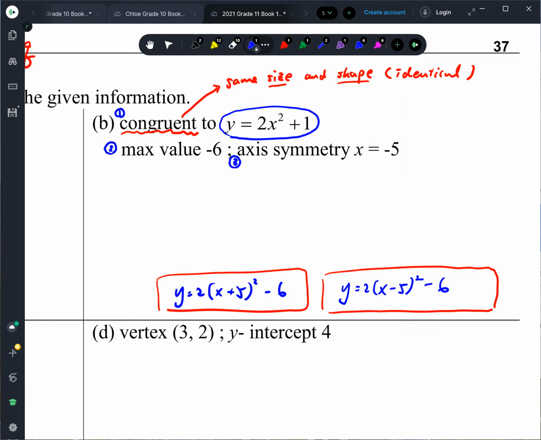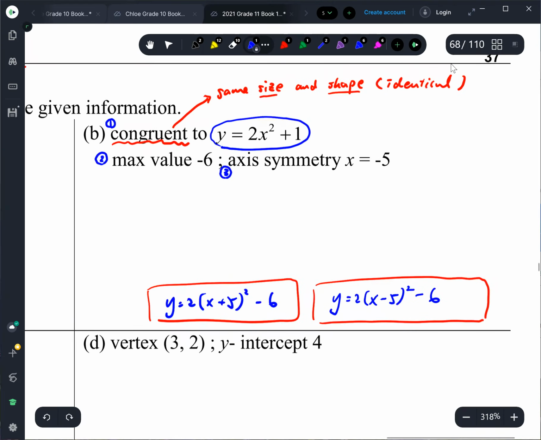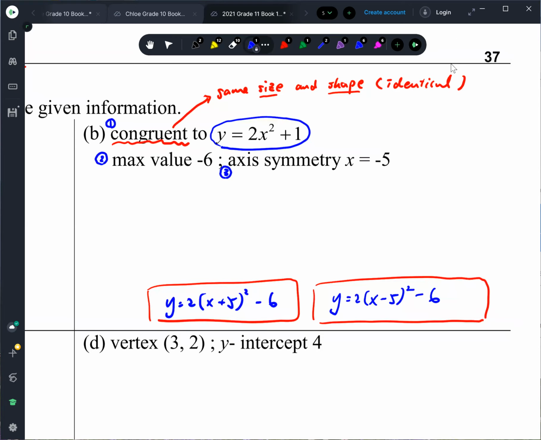Kat, are you there? Oh, hi. Okay, you can turn your mic on. Does your mic work? Oh, okay. So which one do you have? You have the left one. Okay, right.